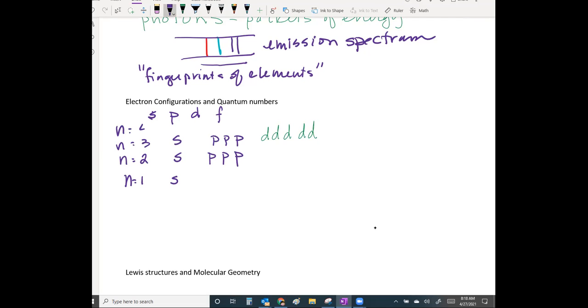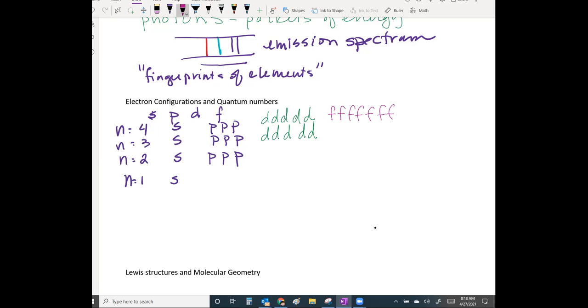N equals 4, you have an s orbital, 3 p orbitals, d orbitals, and you also would find f orbitals. Okay, the electrons live there. Depending on how much energy they have, that is going to determine which orbital they're in.